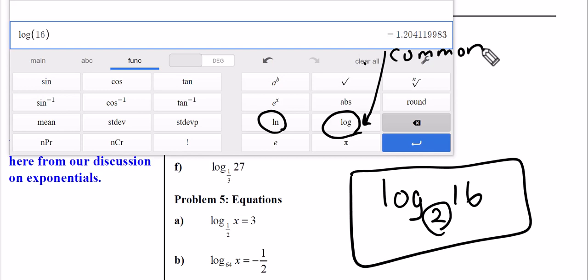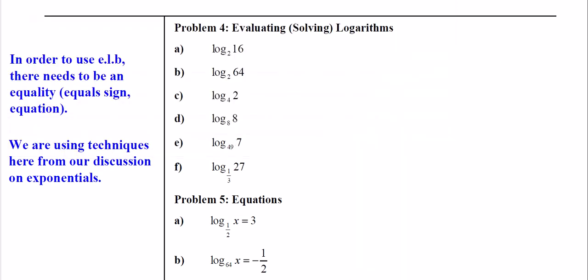And so we run into problems here. We actually have problems in math that a calculator cannot do and that a human actually has to do. However, we could trick a calculator, and I'll show you that in the future, on how to do different base logarithms. So problem 4 is about how to do logarithm problems that calculators cannot do. So problem 4 could be renamed humans doing what calculators can't.